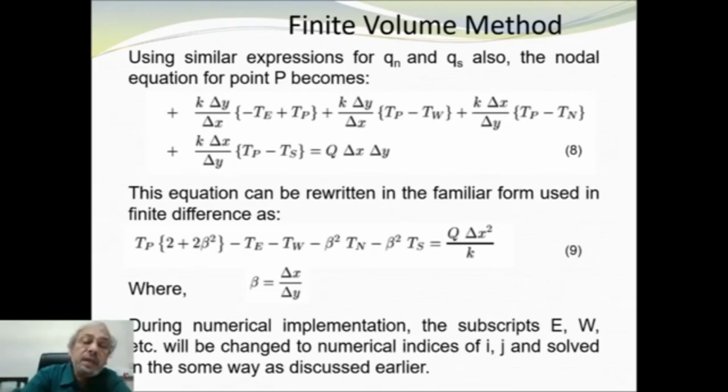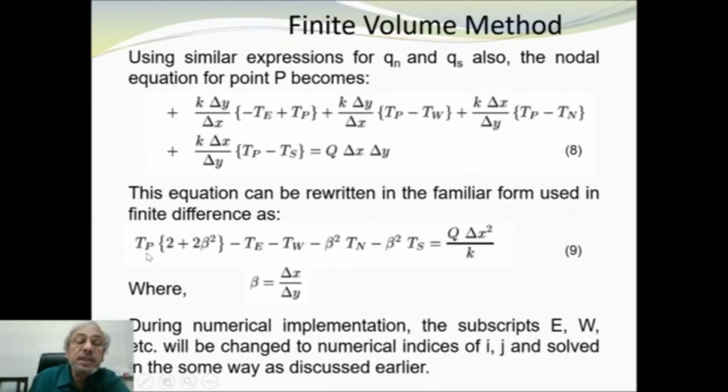And from there, either explicitly we find out what should be Tp, and then we iterate it over every Tp, that means over every Ij, or we do the implicit formulation.